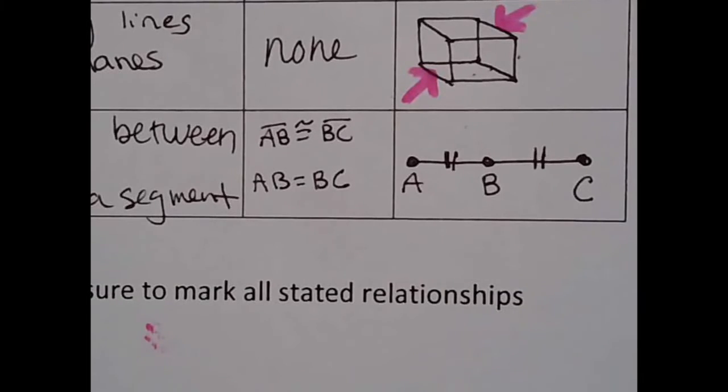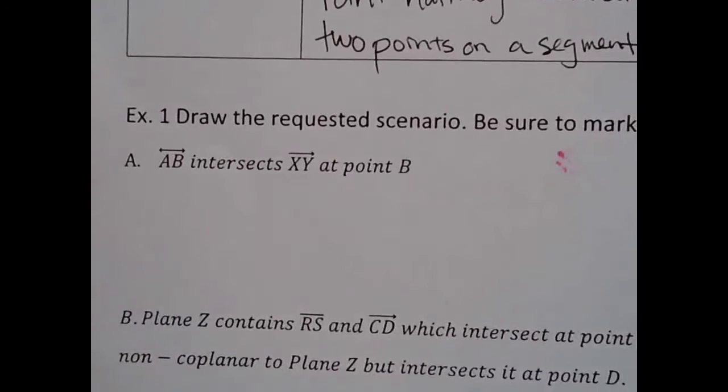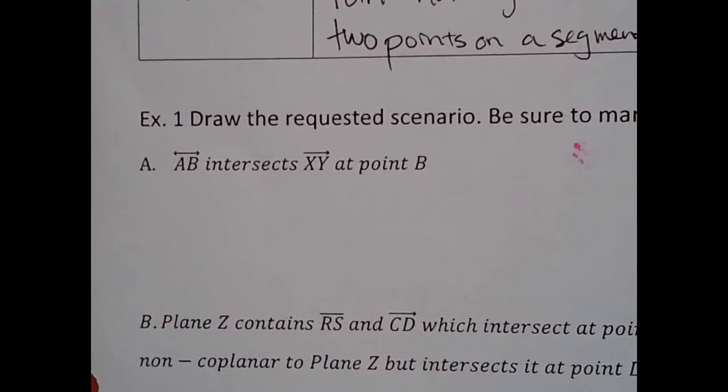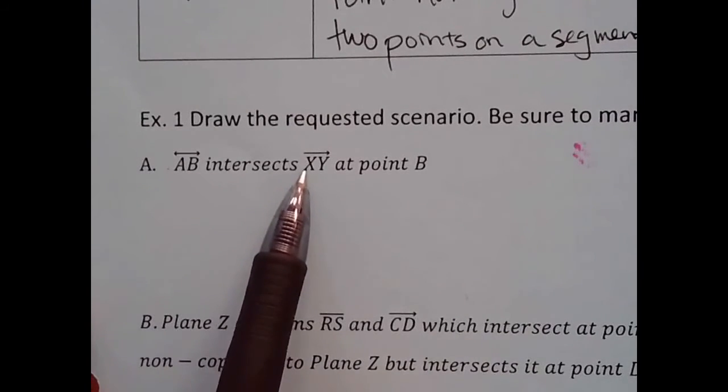Okay, so this next thing is draw the scenario. Be sure to mark all relationships. So it says AB is a line. It intersects ray XY at point B. So let's start by just drawing a line here. A line, and I'm going to put A on it. I'm going to put B on it.